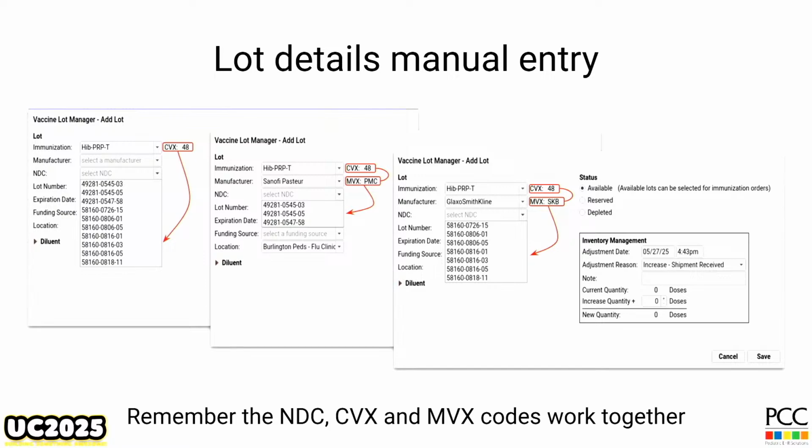Sort of like how when you put in the zip code, it'll auto-populate the city. Also, which is not as noticeable, if you select the manufacturer and you do see a list of NDC codes, they're the only NDC codes that go with that manufacturer. So they kind of work together like that. Okay. Anyway, enough of that.